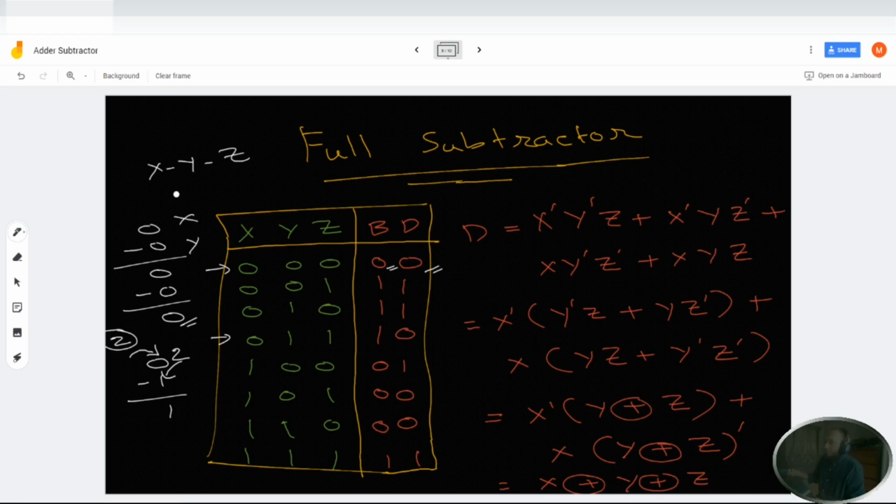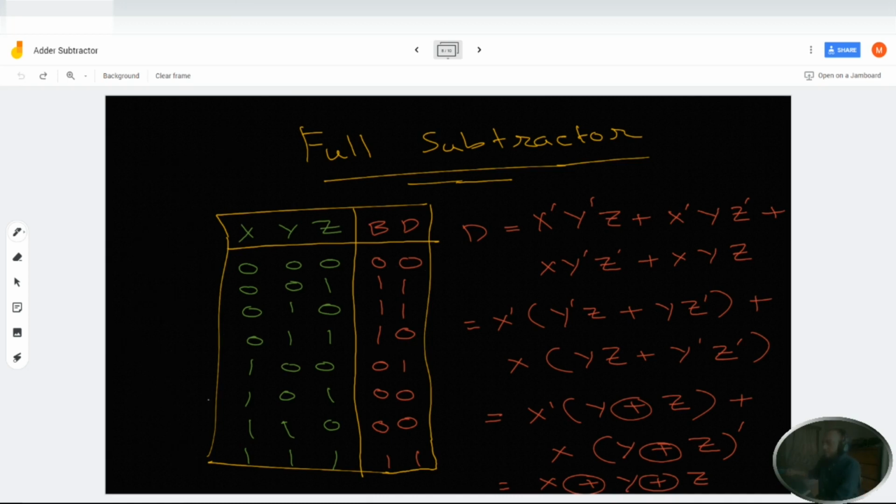So this will give us the result 1. And as we have borrowed, so we will take 1 here as borrow, and after finding the result of x minus y we need to find x minus y minus z. That's why our difference will be 0.